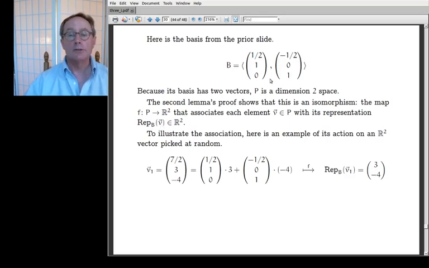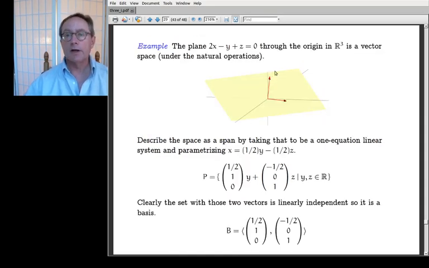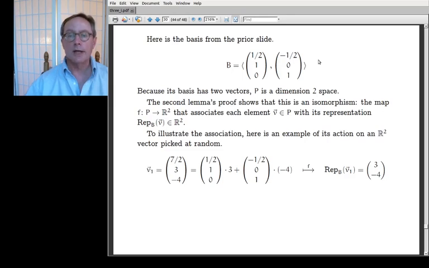So I'm going to associate each vector in the plane, each vector with the property that 2x minus y plus z equals 0, with a two-tall vector. And here's a typical example. I'll take (7/2, 3, -4), and I'll associate it with (3, -4).